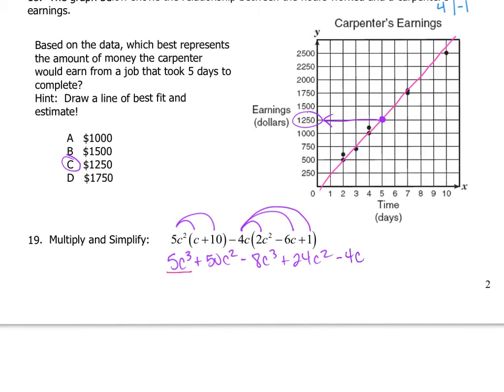So here's a couple of c cubed terms. So that's -3c cubed. Then we would have plus 74c squared, because those are like terms, and then minus 4c.